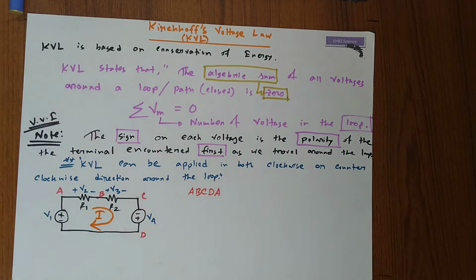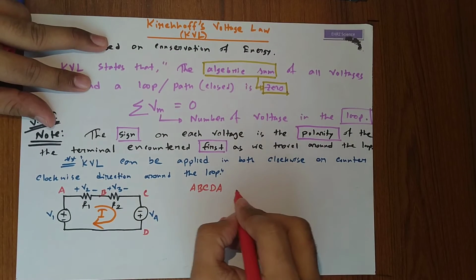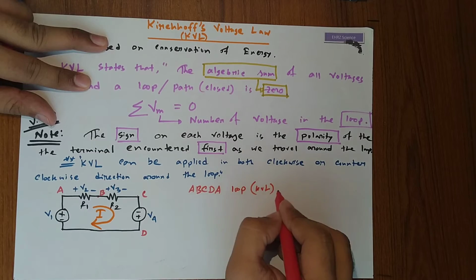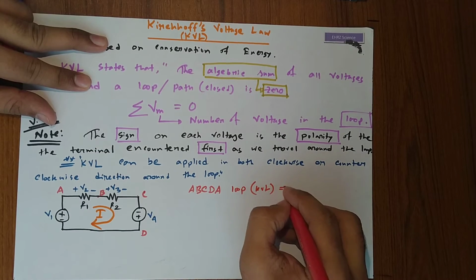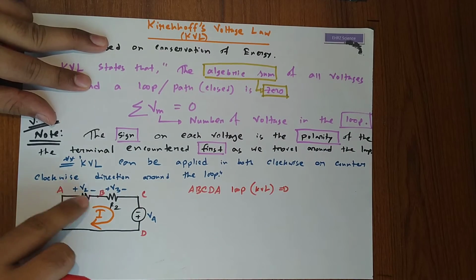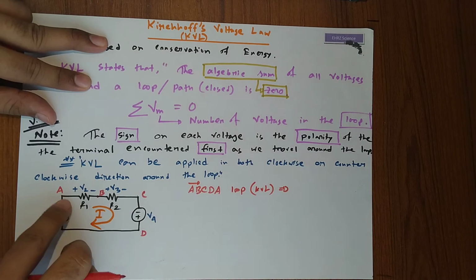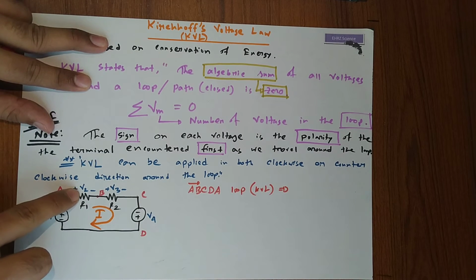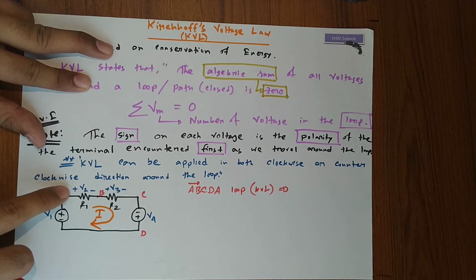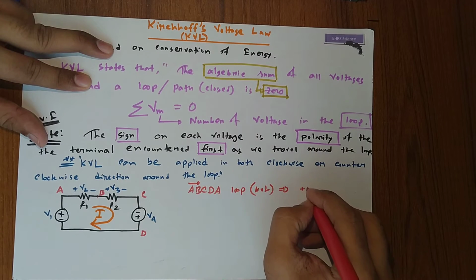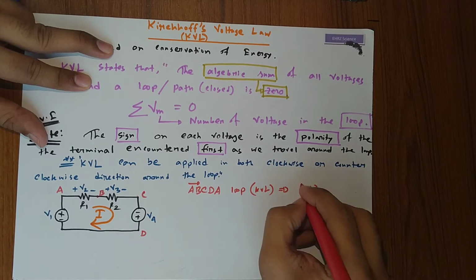Now, in the ABCDA loop, from KVL, what do we get? From A to B, we get voltage source V2 and we are entering the positive polarity first, so it will be positive V2.